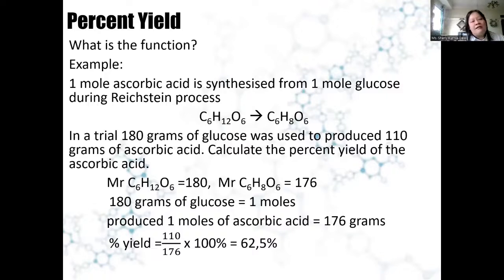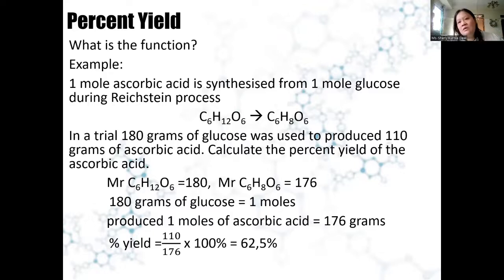This process is called the Reichstein process. In a trial, 100 gram of glucose was used to produce 110 gram of ascorbic acid. Actually, from 180 gram glucose, it will produce 110 gram of ascorbic acid. Calculate the percent yield of the ascorbic acid.